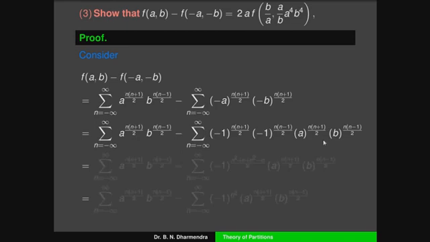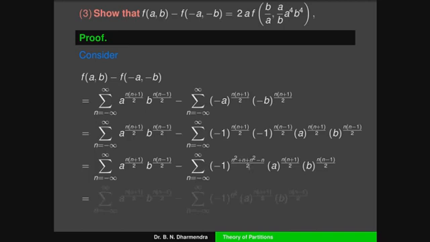So we are collecting the terms of the powers of minus 1. The base is same, so you can add the powers. That is equal to summation n from minus infinity to plus infinity a to the power of n into n plus 1 by 2 into b to the power of n into n minus 1 by 2 minus the terms is summation n from minus infinity to plus infinity minus 1 to the power of, we can add the powers, that is n square plus n square minus n plus n, and minus n and plus n get cancelled, and 2n square.